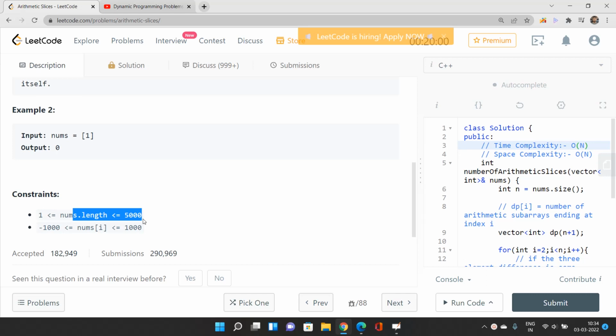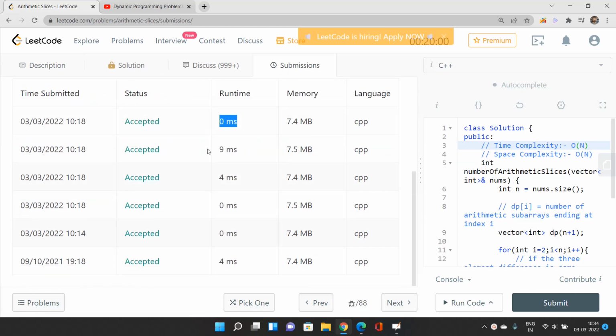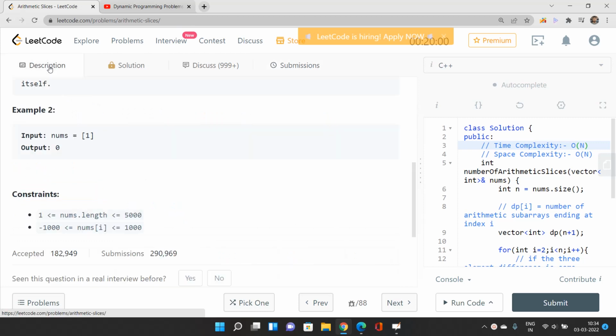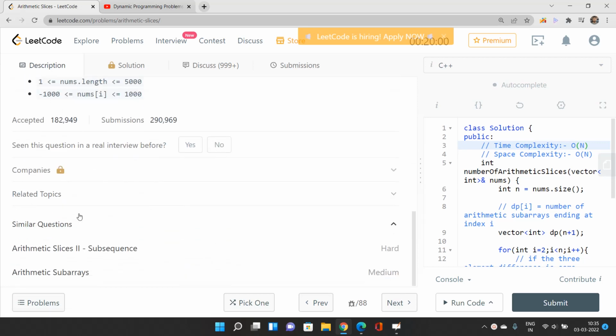This problem can be solved in O(n squared) time, but we can also have an O(n) time solution. I will discuss all that. In my submissions you can see I have a 0 ms solution, and I have tried both the O(n) and O(n squared) approaches.